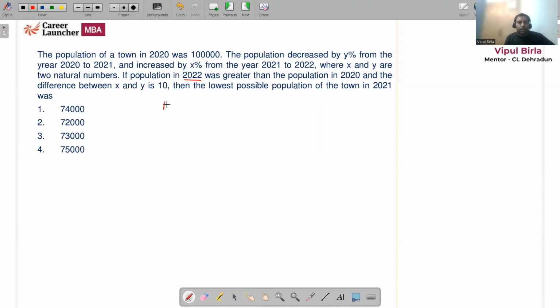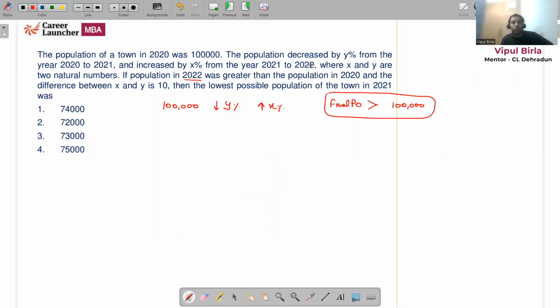Okay, so earlier it was 100,000. Now it decreases by y%, then increases by x%. I want the final population to be greater than 100,000. So that means we are looking for the overall change to be a positive one.